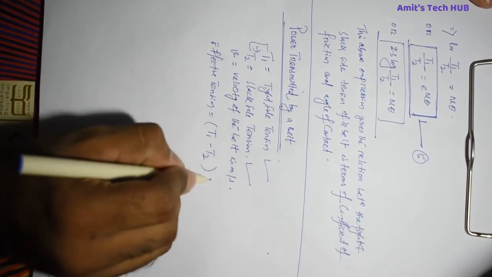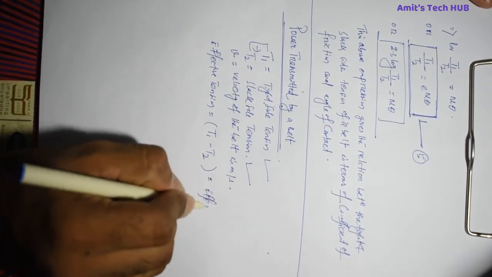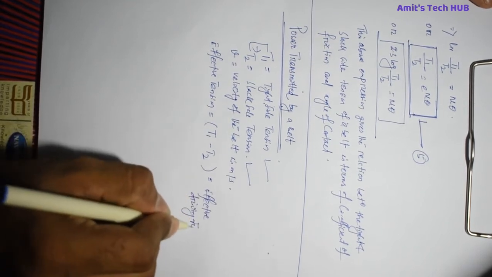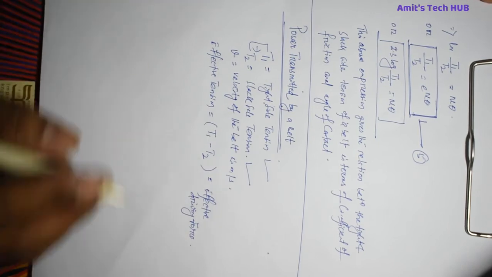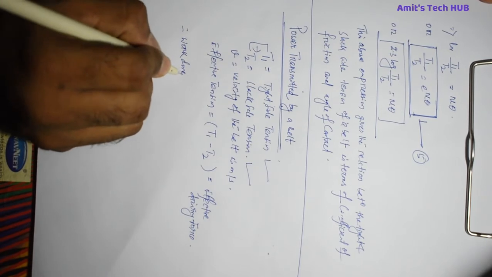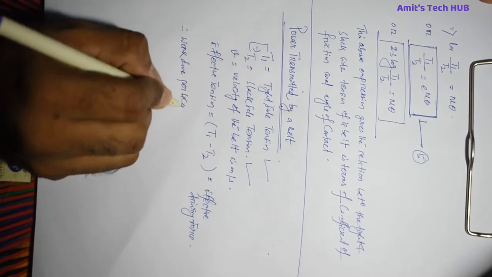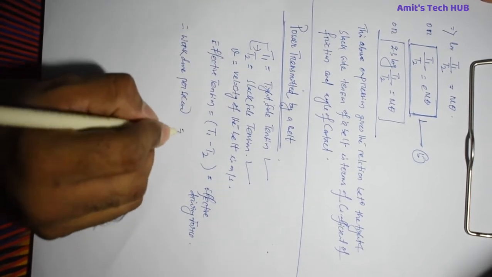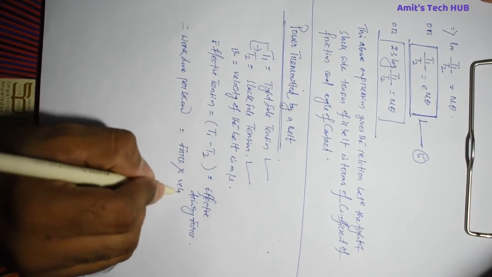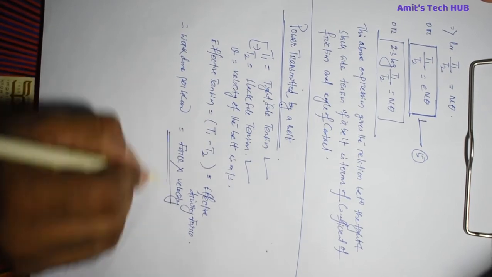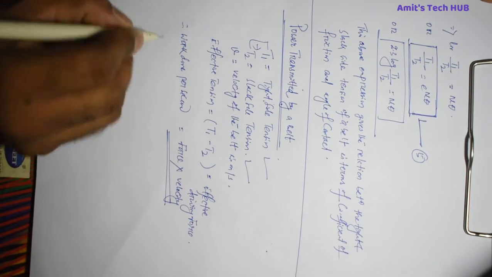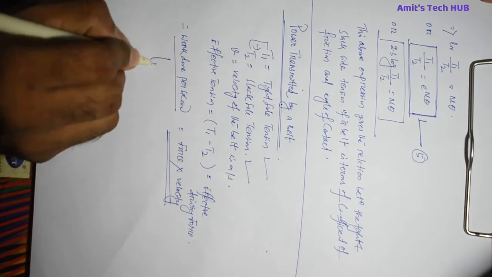That is also known as the effective driving force, which makes the pulleys rotate. Hence, work done per second is equal to force into velocity. We know that one. Work done per second is also termed as power.